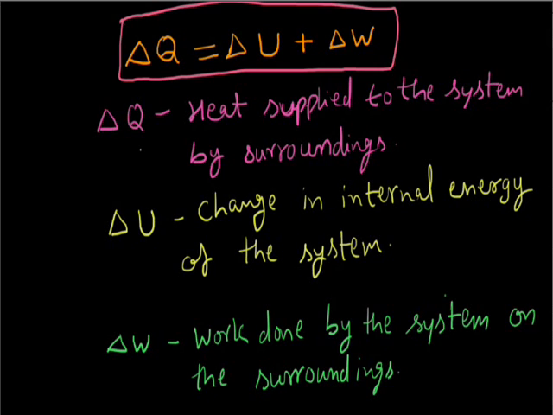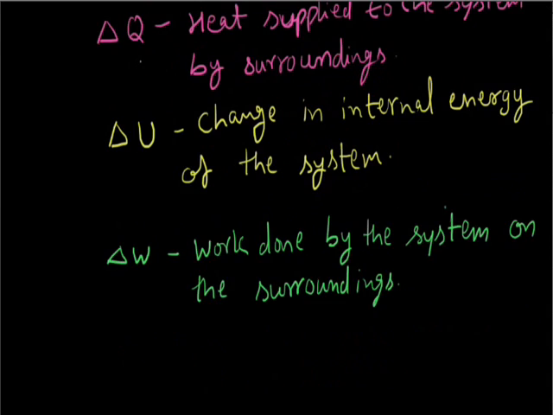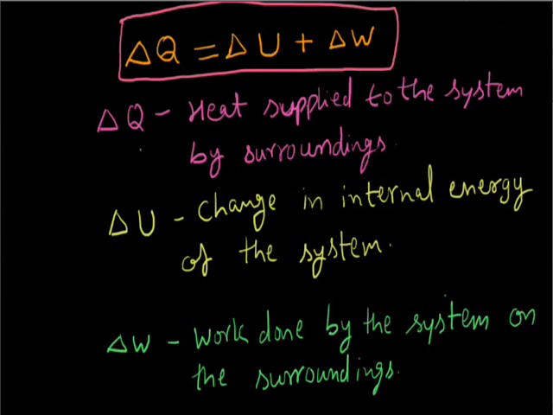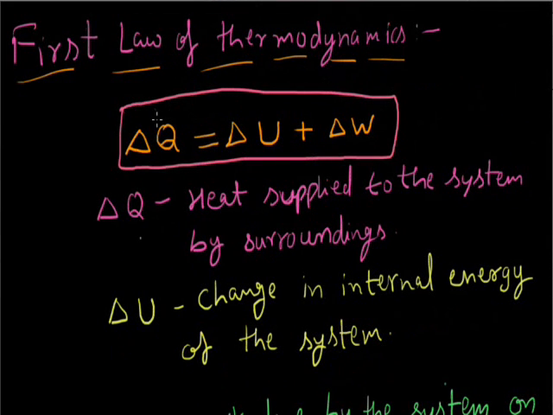In other words, the heat supplied to the system will go partly to increase the internal energy, and the rest in the work done by the system on the atmosphere or the environment or the surroundings. This equation is known as the first law of thermodynamics.